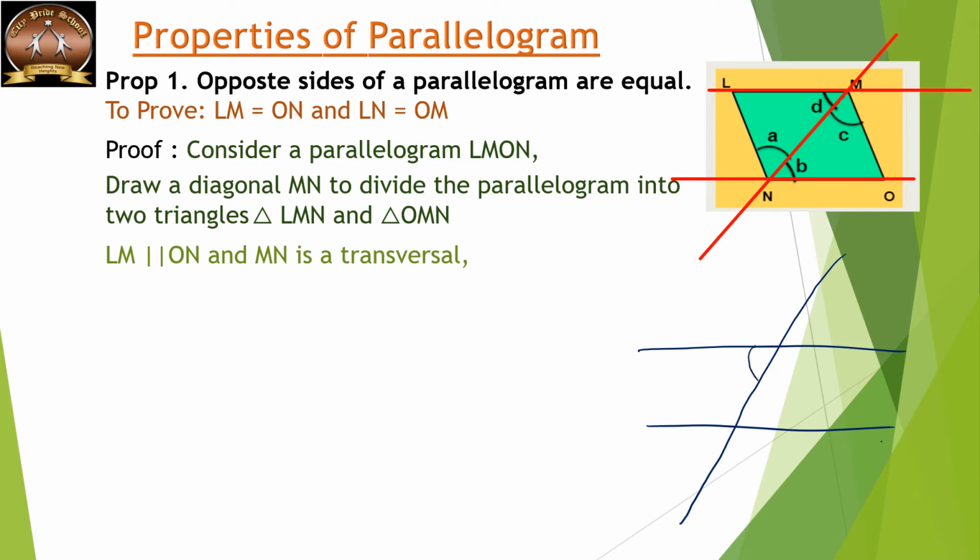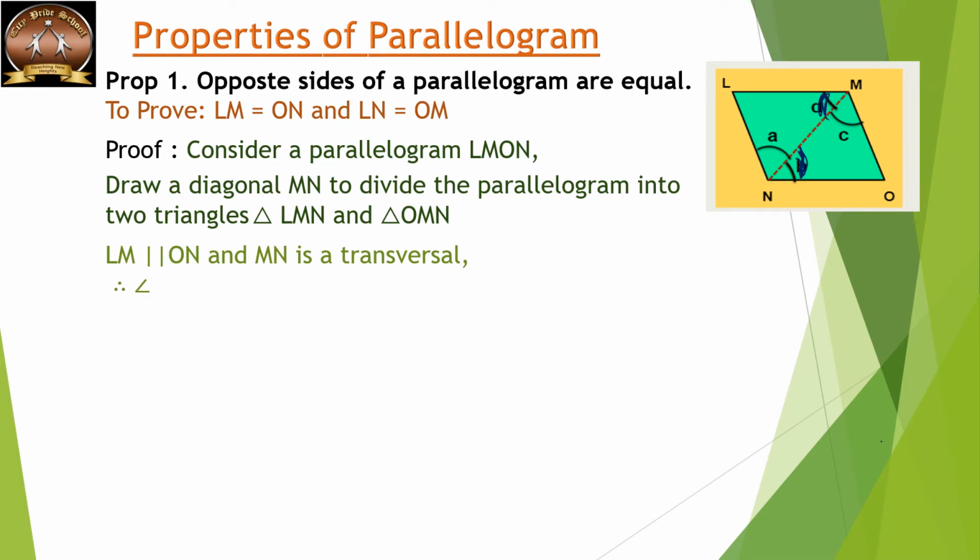So here we can see that we are having alternate angles, and we can show that LMN is equal to MNO. So we already got one element, that is angle. Okay, so LMN is equal to MNO, alternate interior angles. Do you see another pair of parallel lines over here?